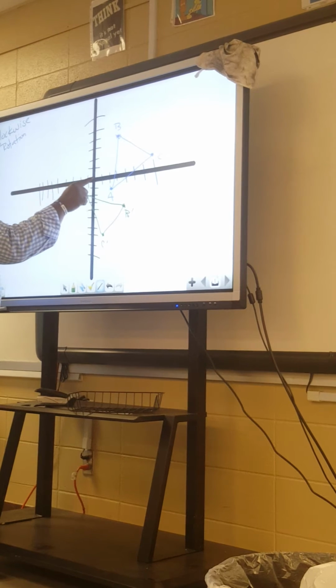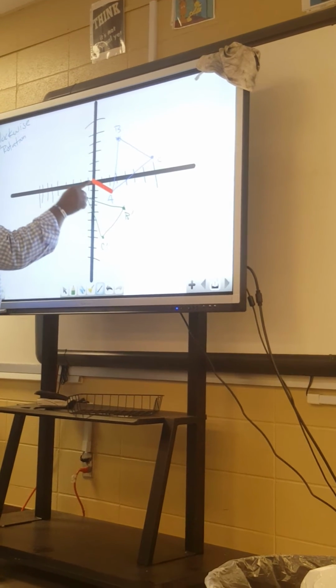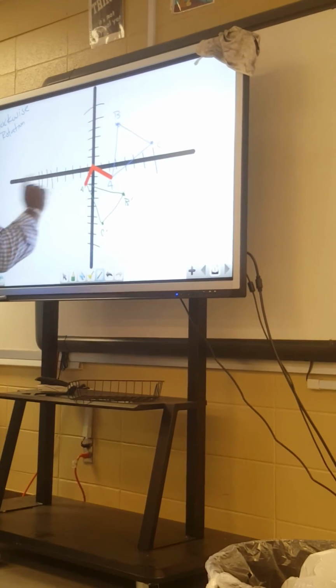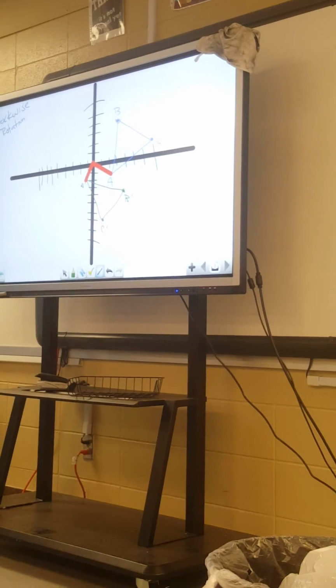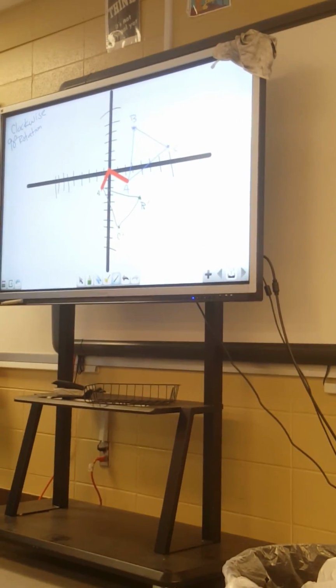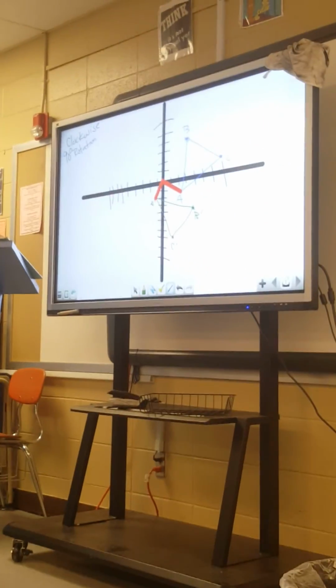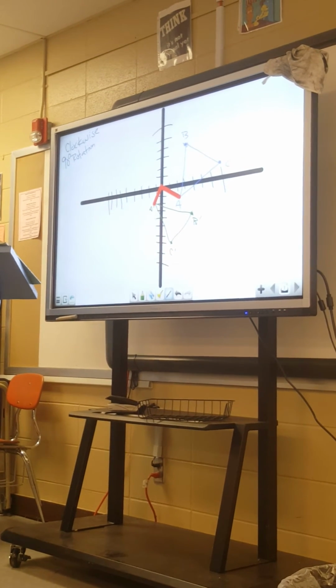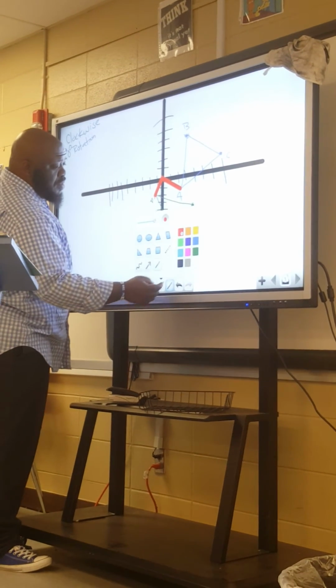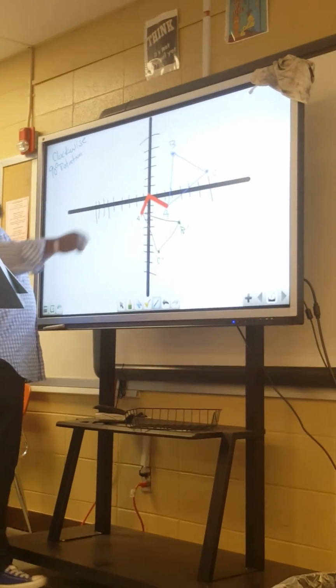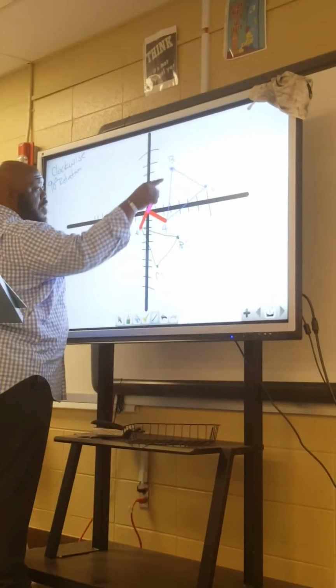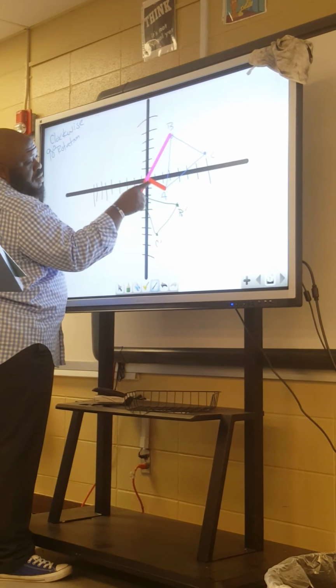I'm going to go A. That's one ray, and that's another ray. Is that kind of like a 90-degree angle? Yes. The only thing missing is a little box in there, but we're as close as possible. Let's try another one: B to B prime.